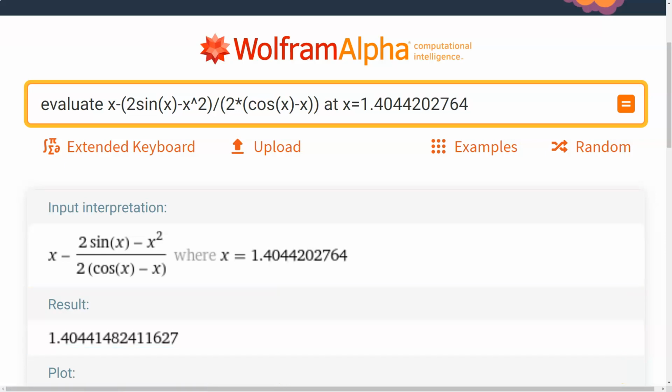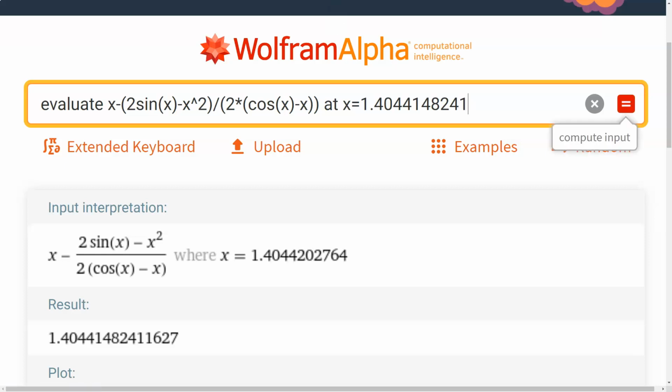40441482. Okay, so how much agreement do we have here? We have up through 4044. After that, there's a little bit of disagreement, so we continue. 4044148224. 4044148241.